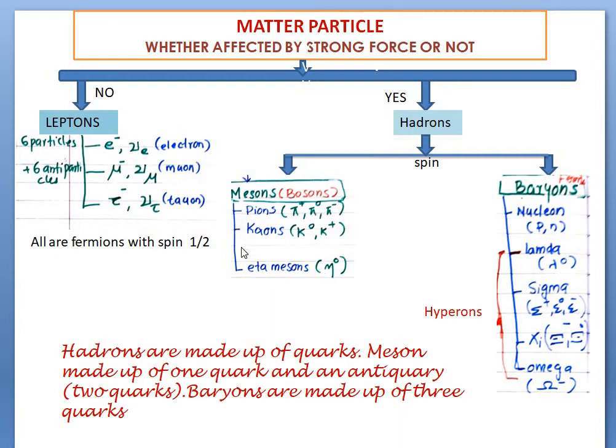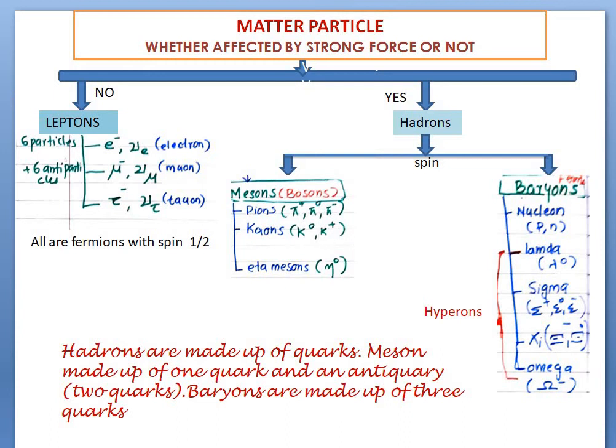All these are bosons, meaning they have integral spin, and the spin of pions, kaons and eta mesons is 0. The number is not restricted to 3. There are many members in this family. We will discuss only pi plus, pi 0, pi minus. All these particles have their own antiparticles.